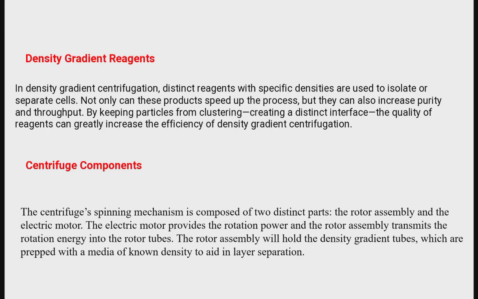Now comes the centrifuge component. Basically the centrifuge spinning mechanism is composed of two distinct parts. The first is the rotor assembly and the second is the electric motor. In interviews this question may arise: the centrifuge spinning mechanism depends on which two distinct parts?